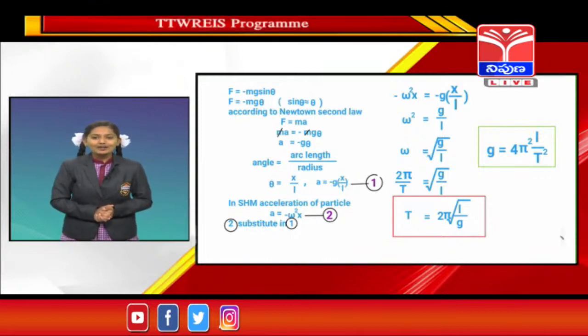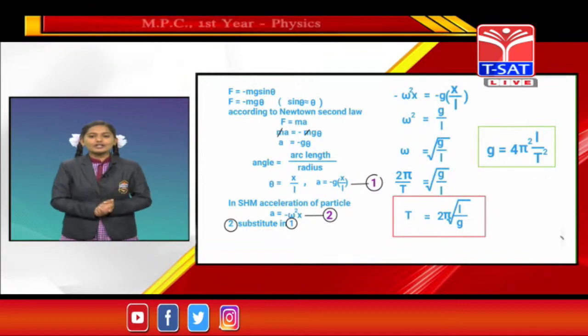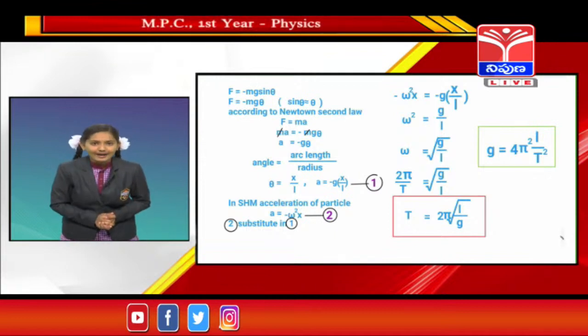The time period of the pendulum T is equal to 2 pi under root of L by g.